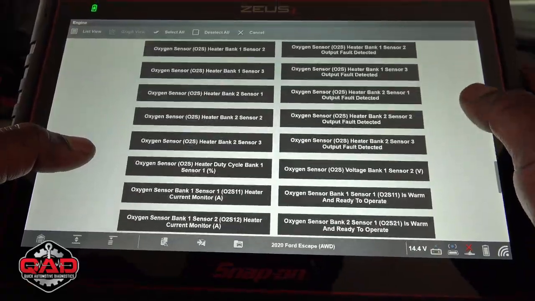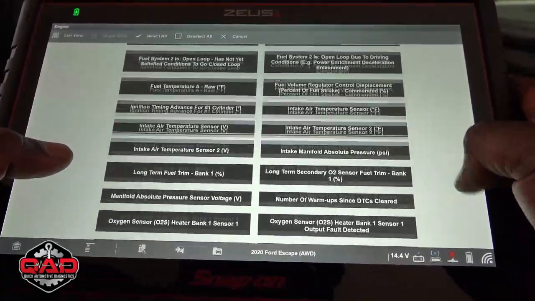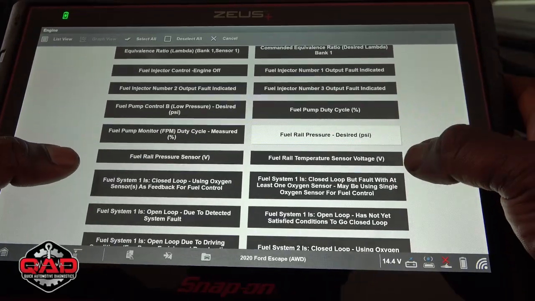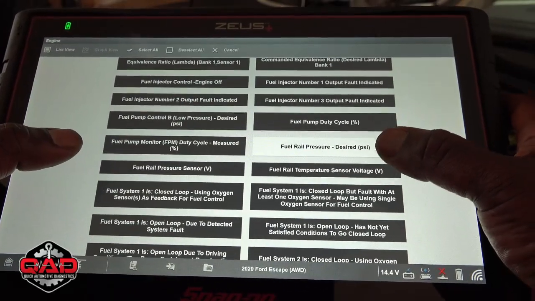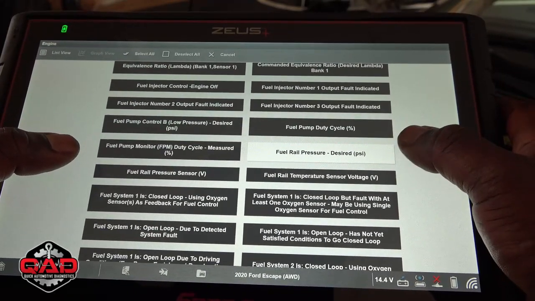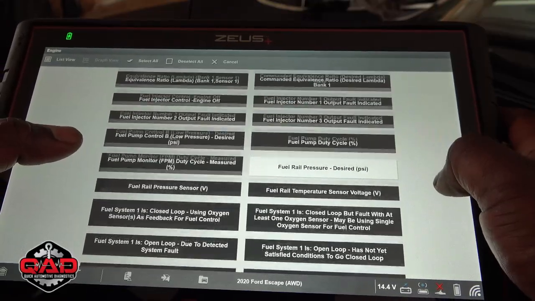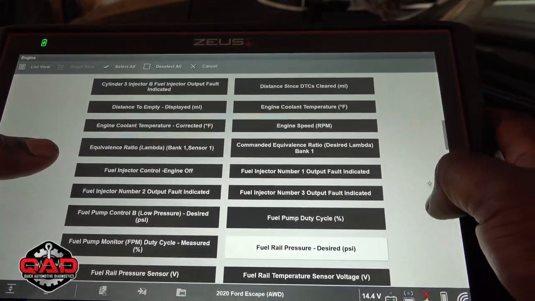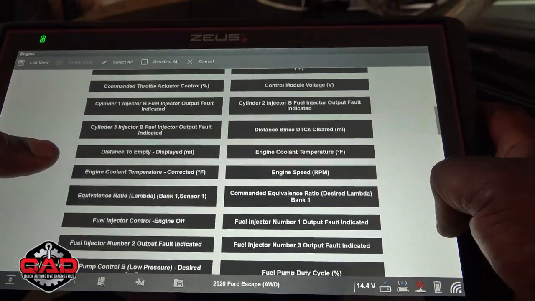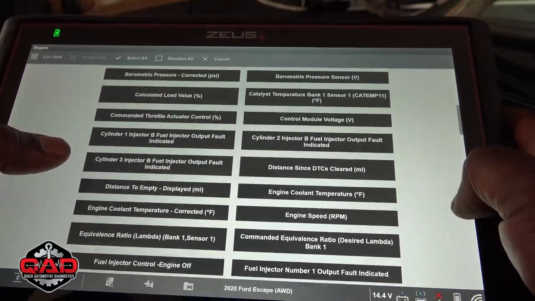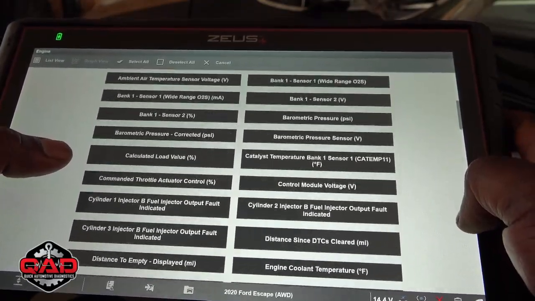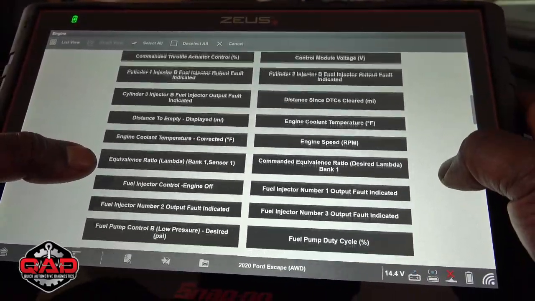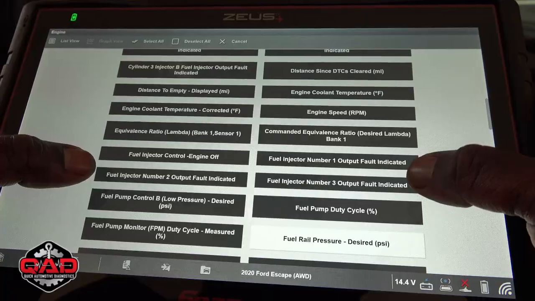I hope Zeus has it, because my other scanner did have it. Voltage, duty cycle, fuel rail pressure. Where are you? Fuel rail pressure.